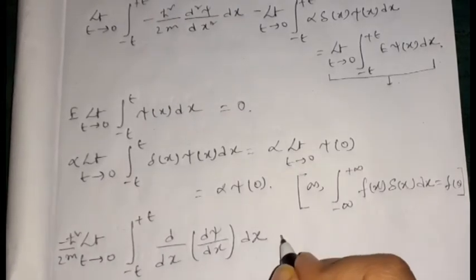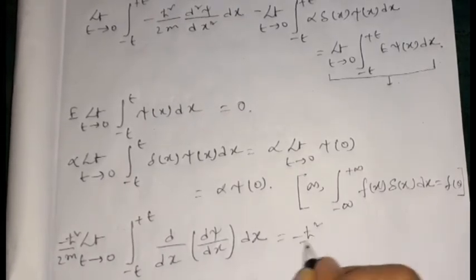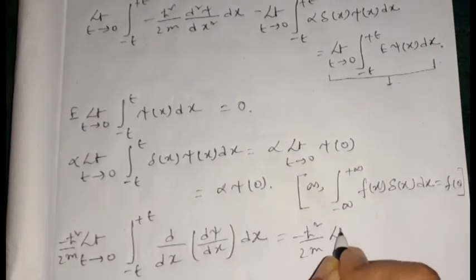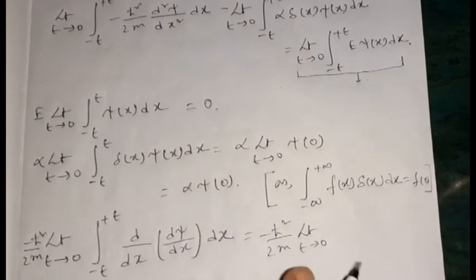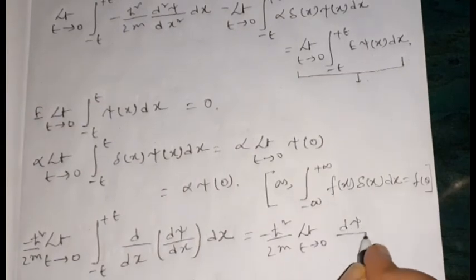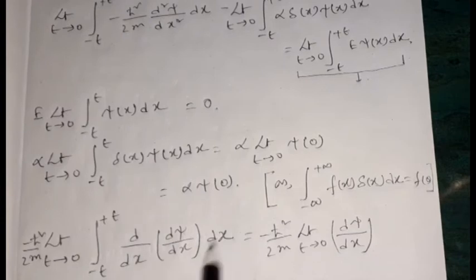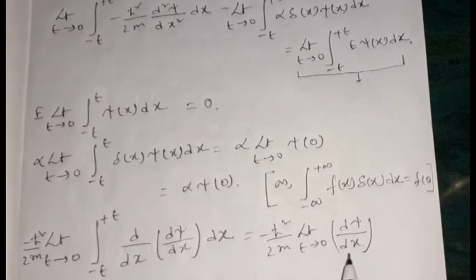As the limit tends to 0, this cancels out, and you know that by integrating a particular function's derivative, it gives that function.